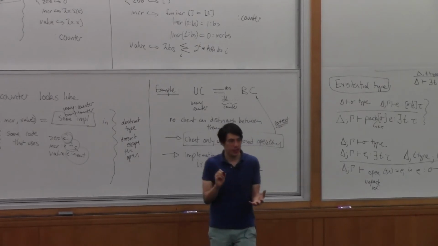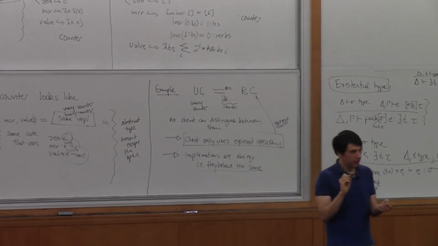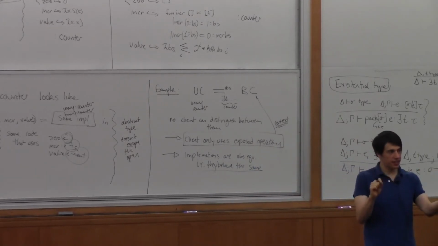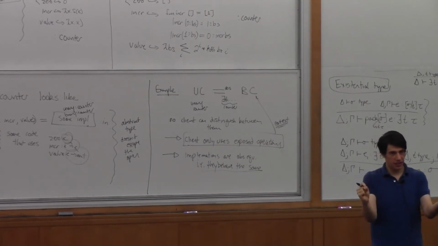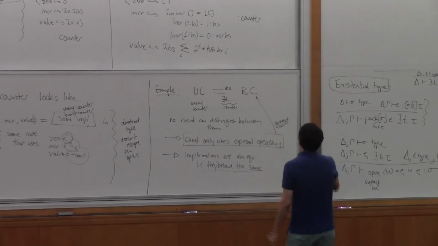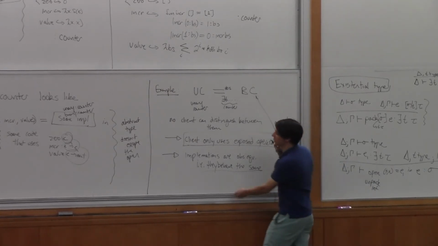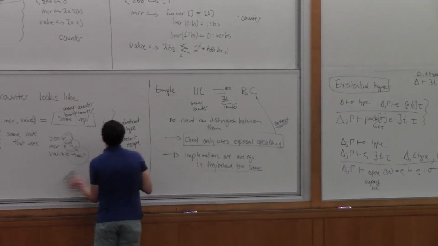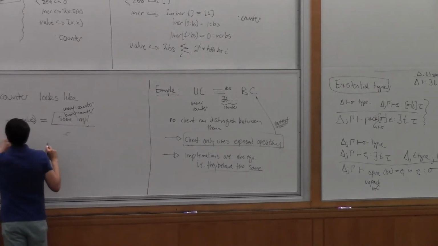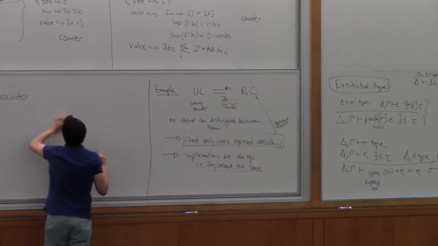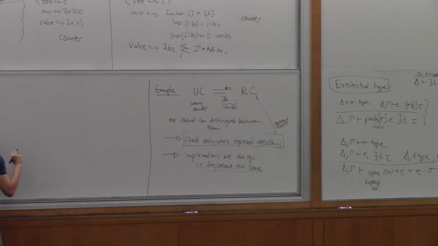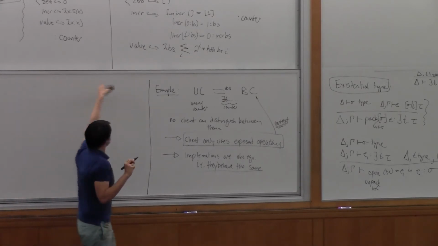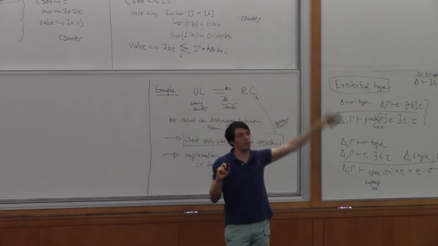Okay, so somehow we want to argue point two, my one implementation does the same thing as my other implementation. And because of that, any client, which is a context accepting one implementation or the other, behaves the same on the two values.